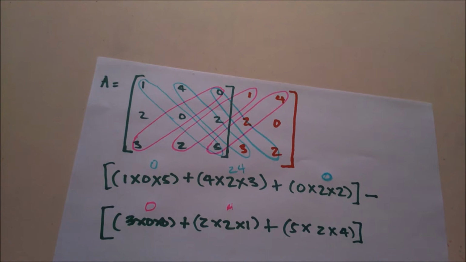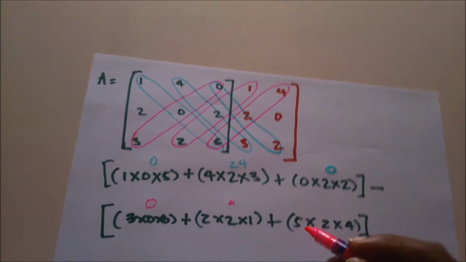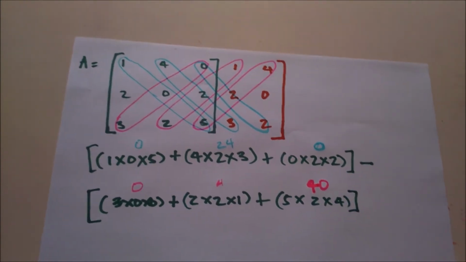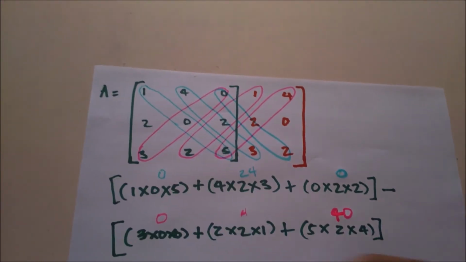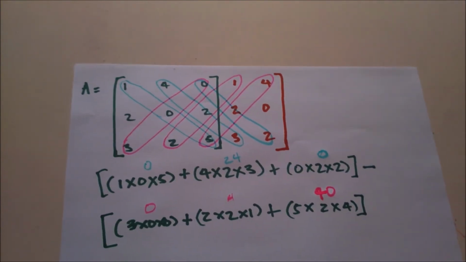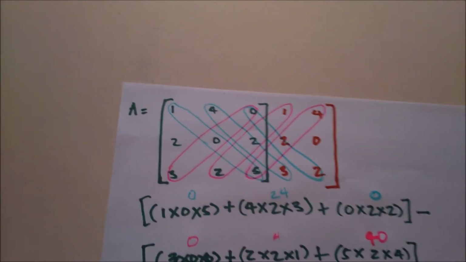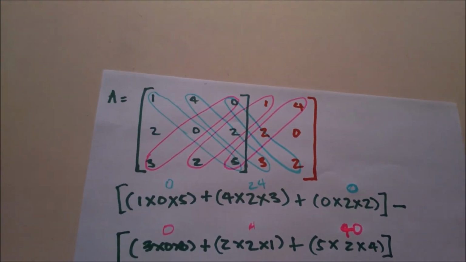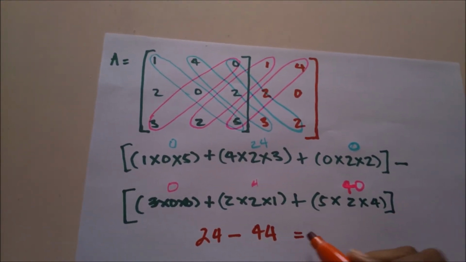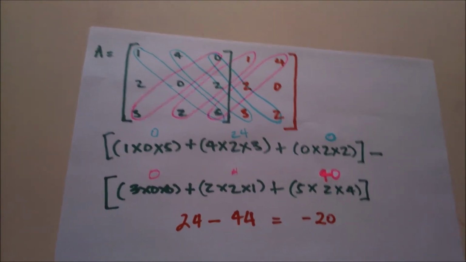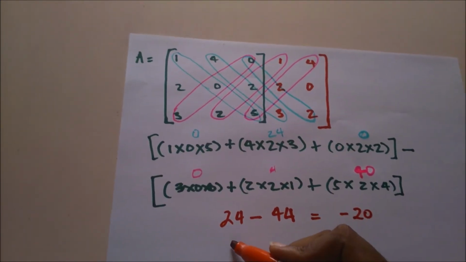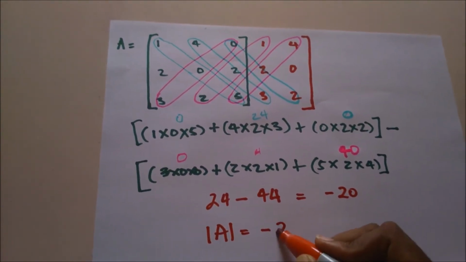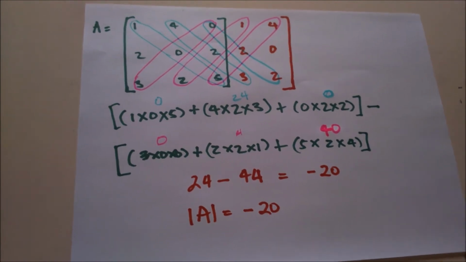And finally, we have 5 times 2 times 4, which is 40. So what we're left with is 24 minus 44, which gives us negative 20. So the determinant of A is equal to negative 20. And this will be used later.